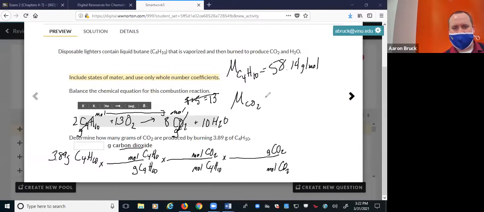Molar mass of carbon dioxide: 1 carbon, 12.01, plus 2 times oxygen, 16, is 44.01 grams per mole.